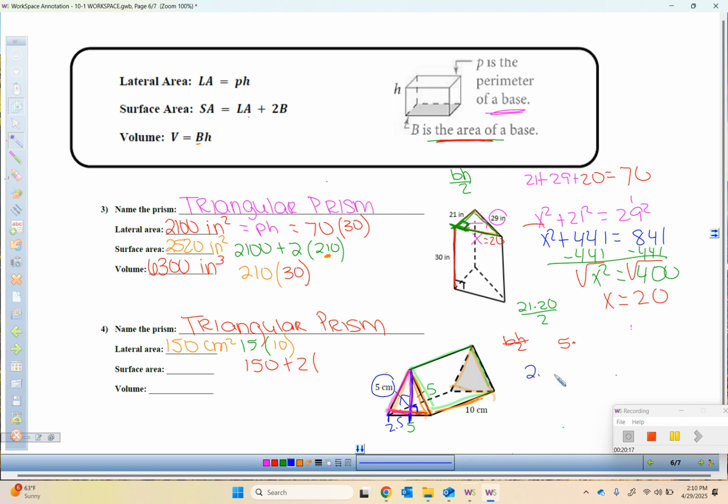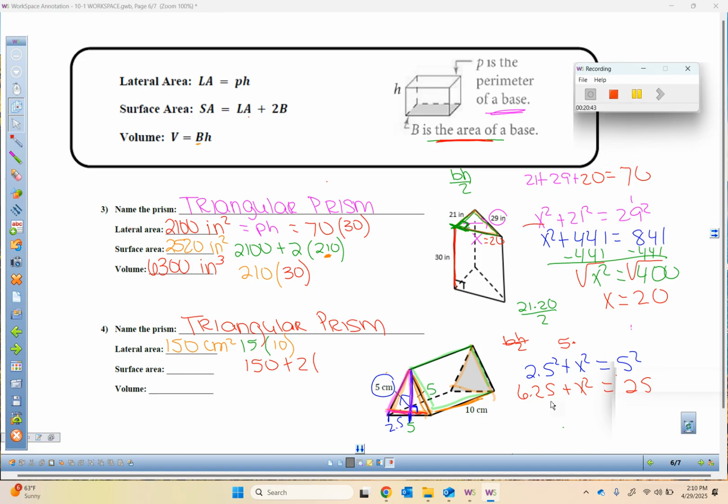2.5 squared. The other one is one we don't know, so it's plus x squared equals my hypotenuse squared. So 2.5 squared, we have 6.25 plus x squared, and 5 squared we should know. Yep, 25. Okay?